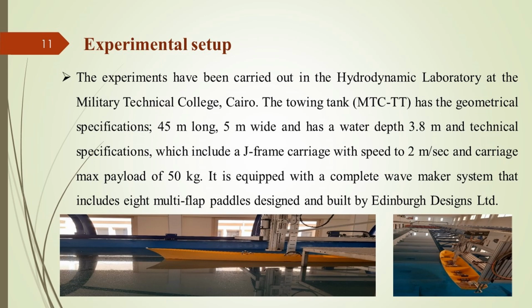The technical specifications include a carriage with speed 2 meters per second and carriage maximum payload 50 kilograms. It is equipped with a complete wavemaker system that includes 8 multi-flap paddles. This towing tank was designed and built by Edinburgh Design.